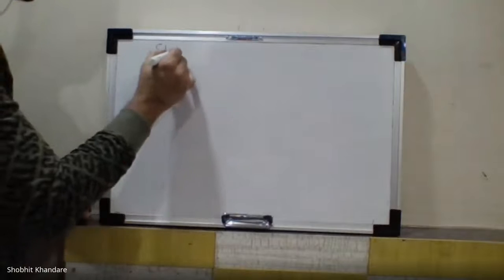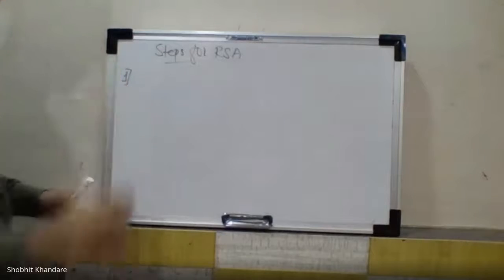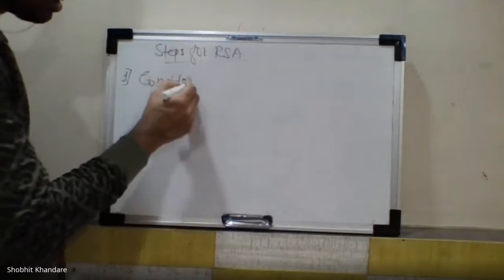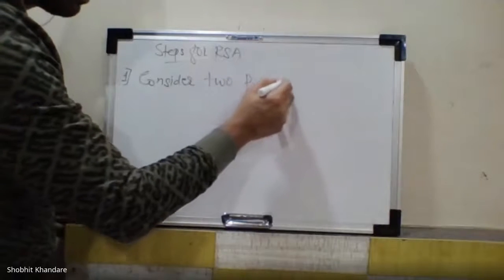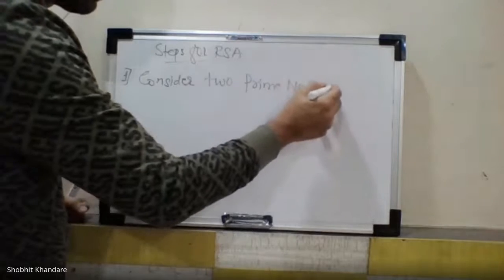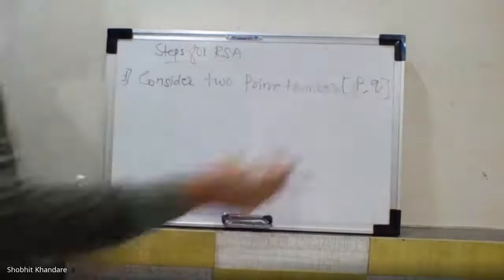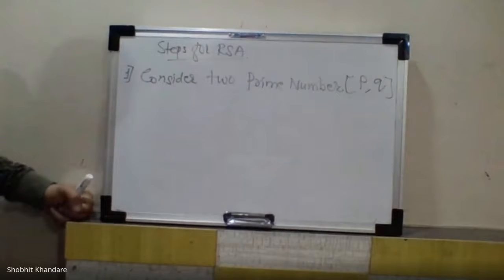So please write down the steps for RSA. Number one: consider two prime numbers, given by P and Q. You know the prime numbers: the numbers which are divisible by 1 as well as by themselves.